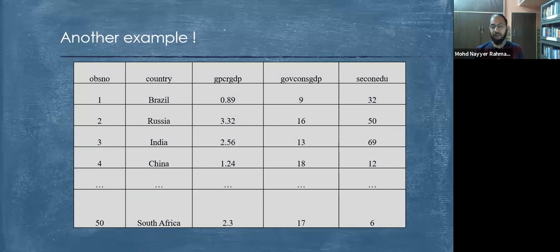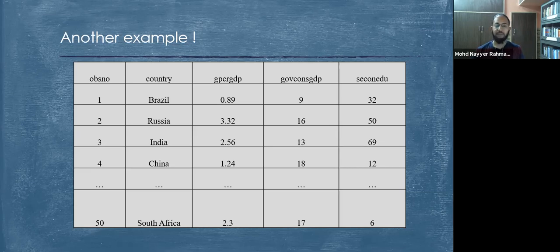If this type of data is shown to you, you may get confused, but nothing here is new. Only one thing is new: the sampling units, instead of respondents, are countries.